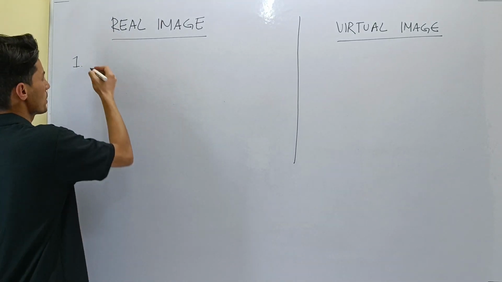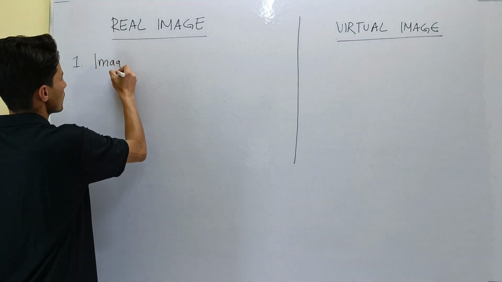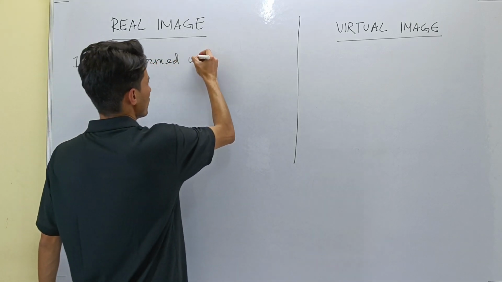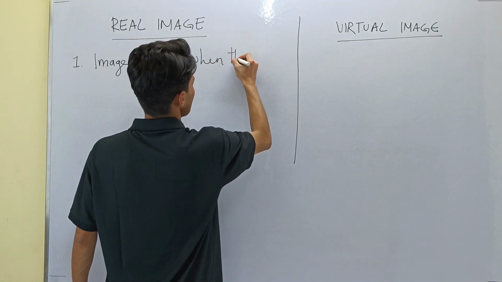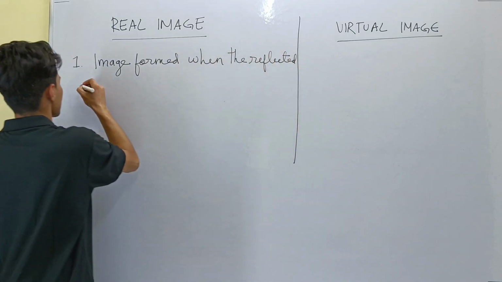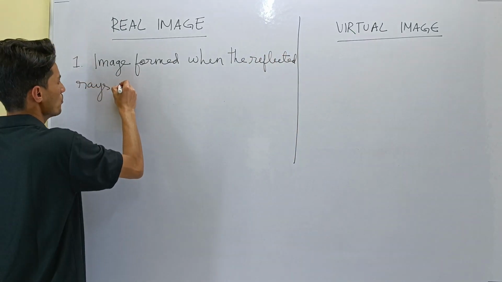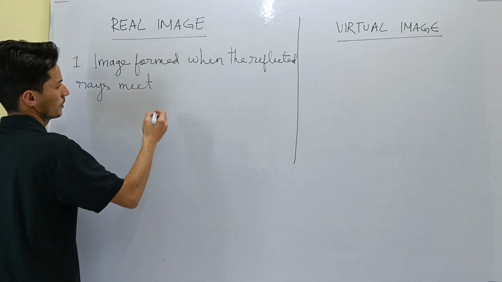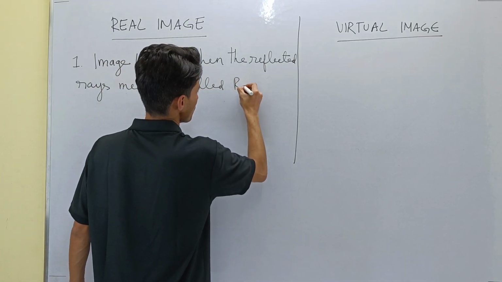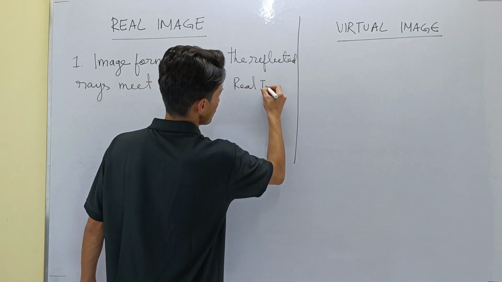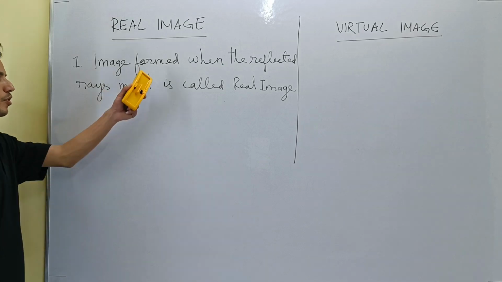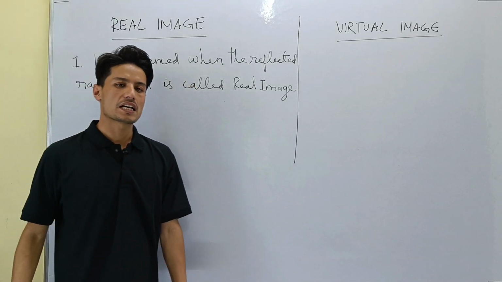Real image: image formed when the reflected rays meet is called real image.